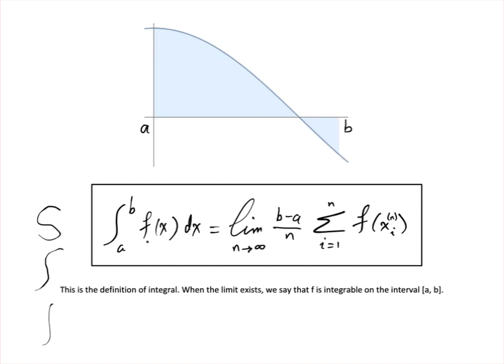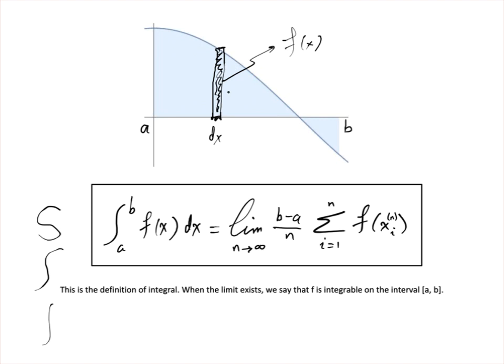So this f of x dx, you can think of it like this. Think of an approximation to dx being this, and then for f of x, either you use the left endpoint or right endpoint or any point in between. When you evaluate f at this point, somewhere in this subinterval, you get the height.